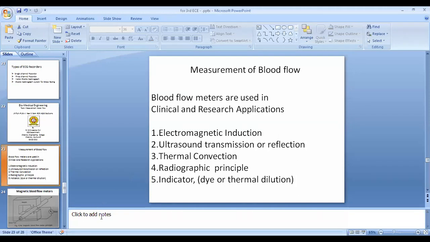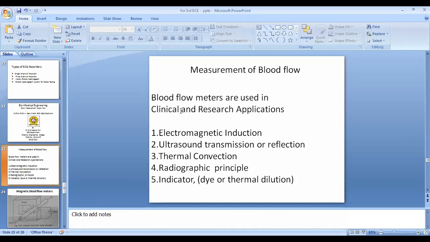Generally these are the applications of blood flow measurement: clinical applications and research applications. Clinically we can test the blood, and while doing surgery it is required to measure the blood flow, I mean the flow velocity, how fast the blood is moving.